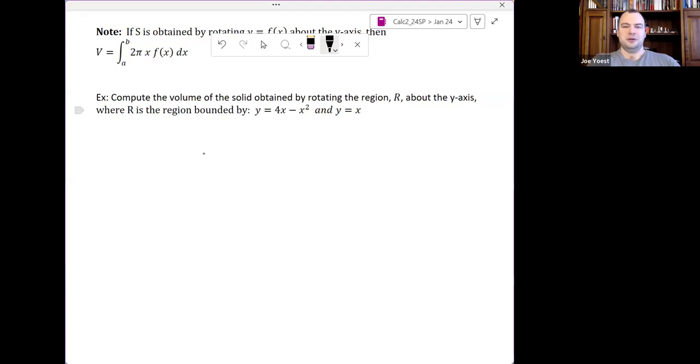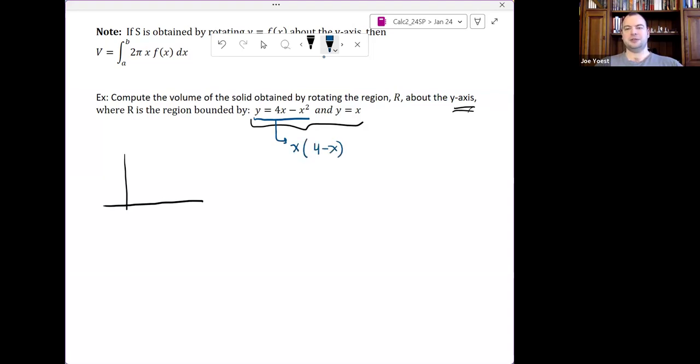Okay, so example: compute the volume of the solid by rotating this region R about the y-axis. So we are going about the y-axis, and R is the region bounded by these curves. So y equals 4x minus x squared, or that's x times 4 minus x.